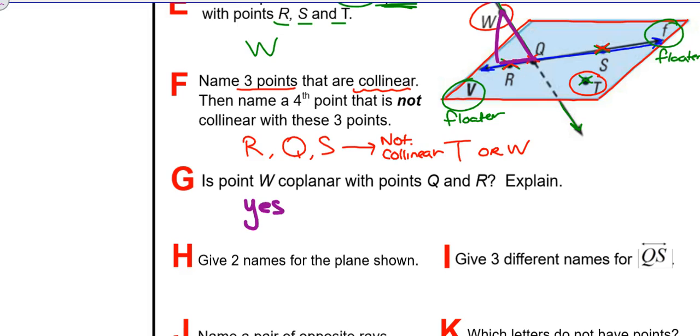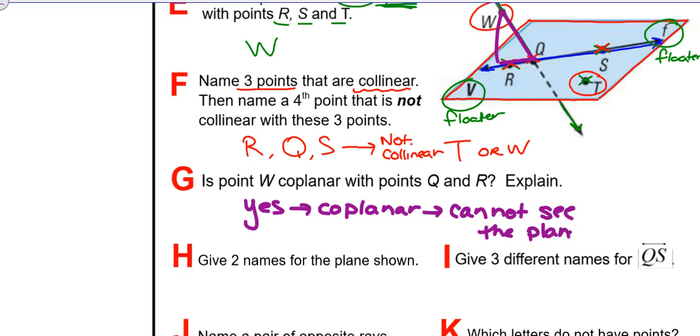Anytime you can draw a triangle, those points are coplanar. But they are not on a plane that's drawn on this picture. We cannot see it. So that's kind of a trick question.